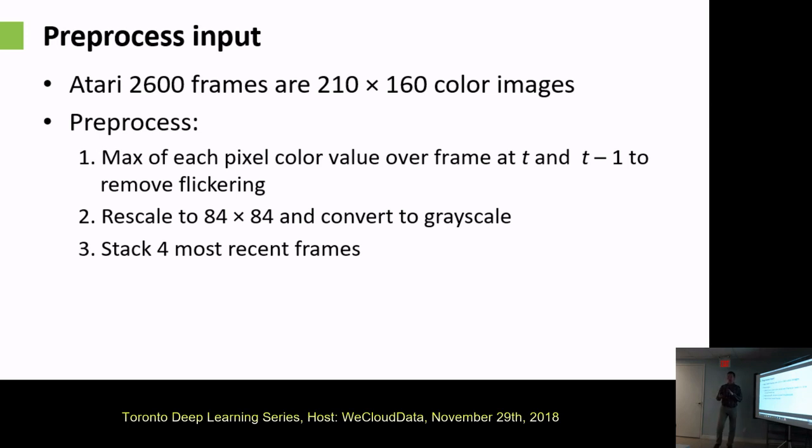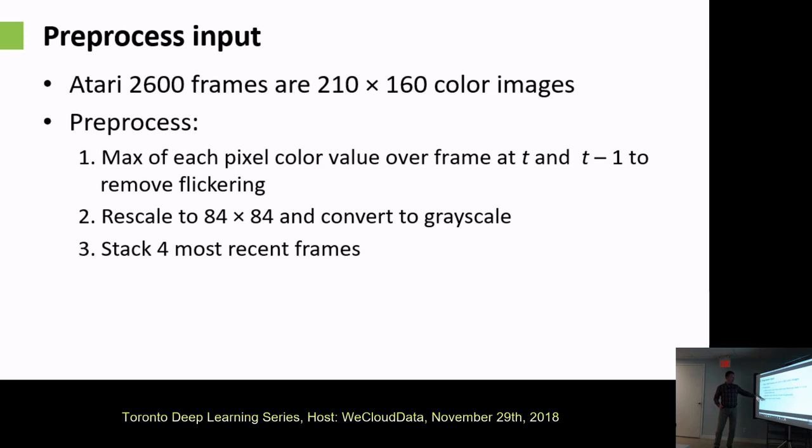They also don't take a frame from just a particular step; they also take the neighboring frame, because the emulator has some flickering, meaning some objects are only there on odd frames and some only on even frames, because of the hardware limitations back then. So they use 2 neighboring frames and take the maximum of each pixel value.